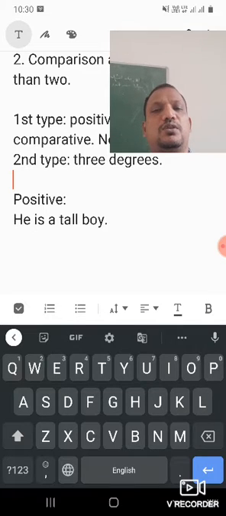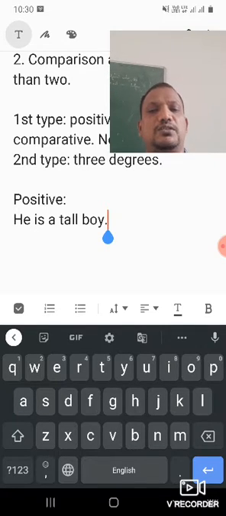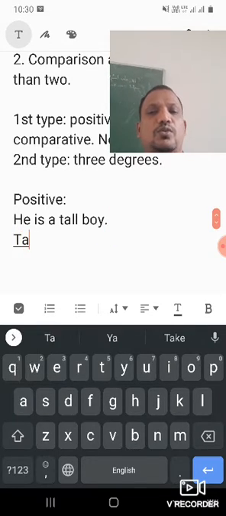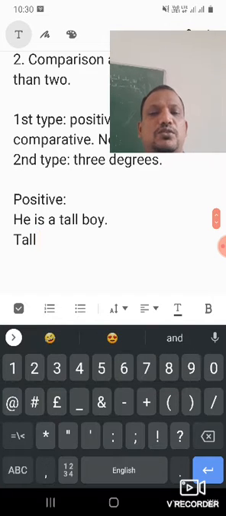For example, here it is given: he is a tall boy. Here we can see the adjective tall is used.